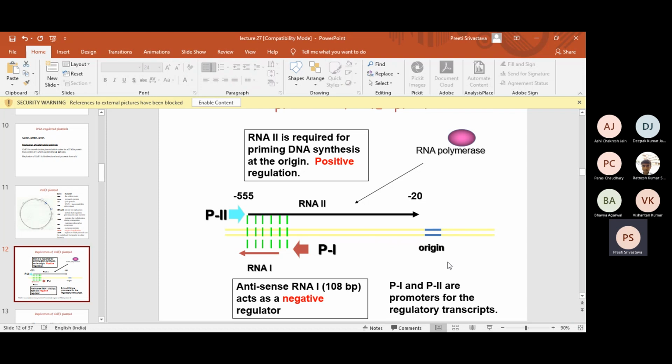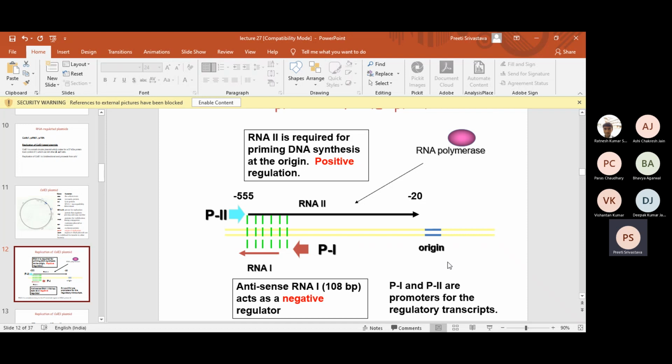A promoter is required for initiation of transcription, which means making RNA from DNA. So here the P2 promoter makes RNA2 from DNA present upstream of the origin of replication. This promoter is located 555 base pairs upstream of the origin of replication.